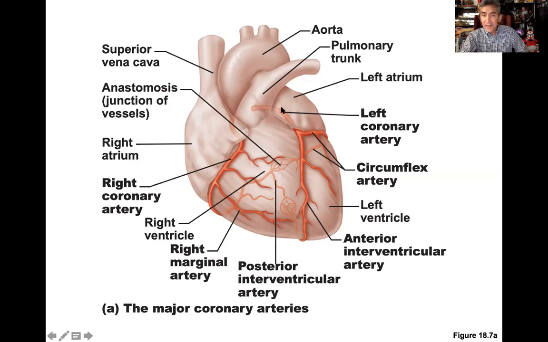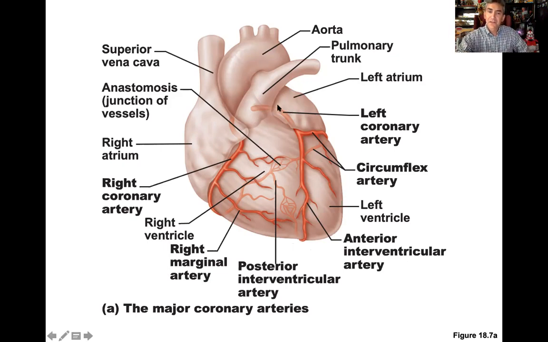On the left side, we're going to go down that intraventricular septum, or I should say intraventricular sulcus, intraventricular groove, all the way down and then back up the backside of the heart. So that's that anterior intraventricular artery. The circumflex artery, when I think of circumflex, I think of wrapping around, the circumference of a circle, we're flexing around the circumference.